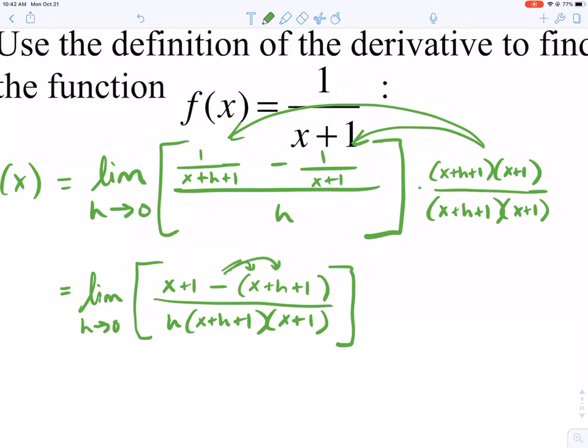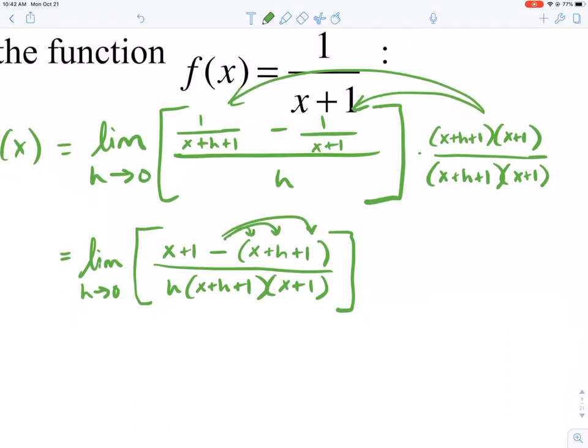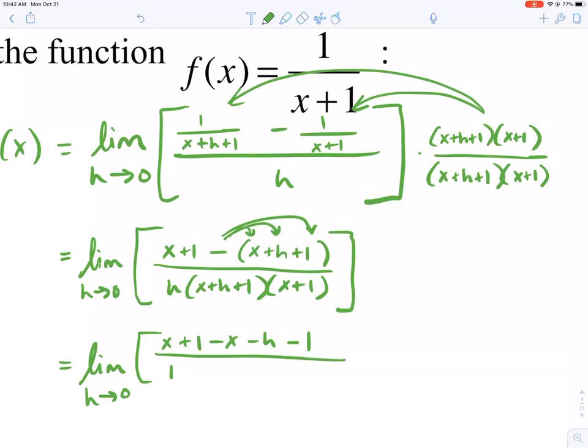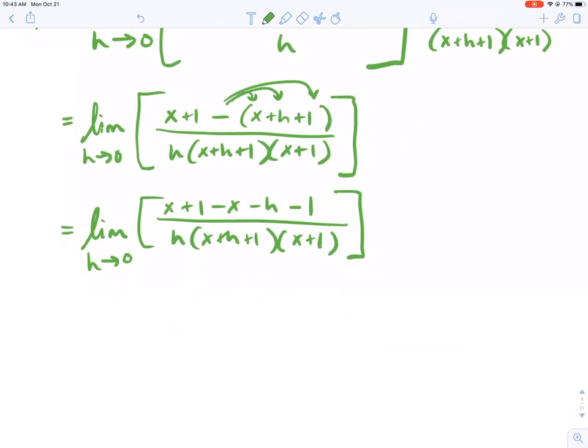Then distribute the negative so we can get rid of the parentheses and combine like terms. And we can see that the x's will cancel, the 1s will cancel.